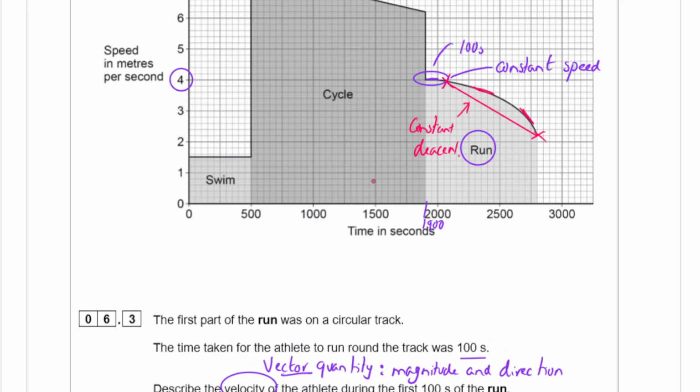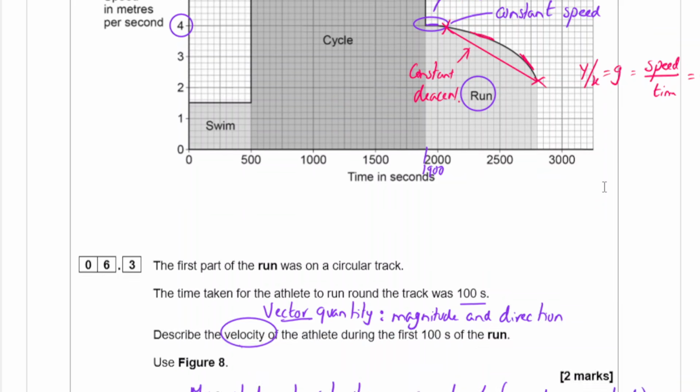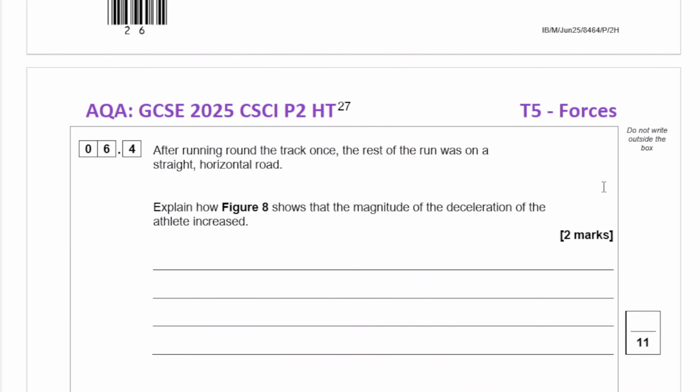Because it's a speed time graph, right? Y over x is the gradient, which is speed divided by the time would be the deceleration, right? So the gradient is actually going down, so the deceleration is increasing. That is our answer.